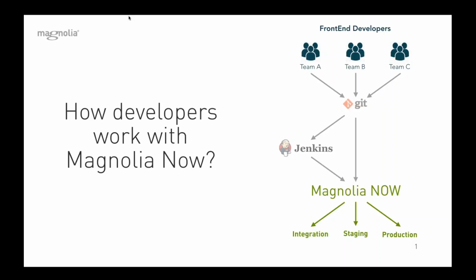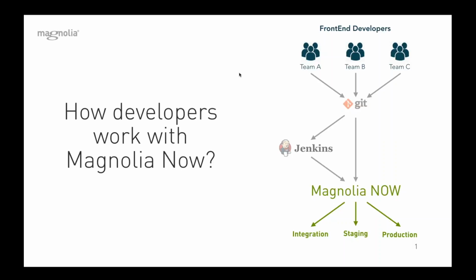Before stepping into the demonstration itself, I will give you a very quick introduction on how developers work with Magnolia Now. Let's say you have multiple development teams, made mainly of front-end developers, as we have seen.